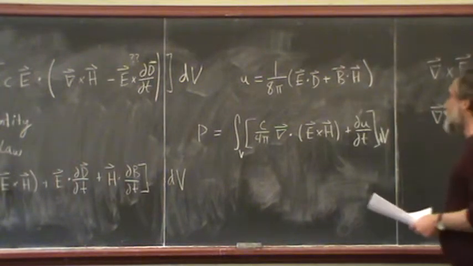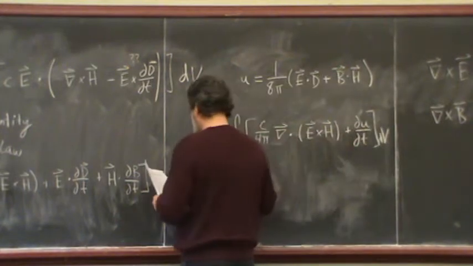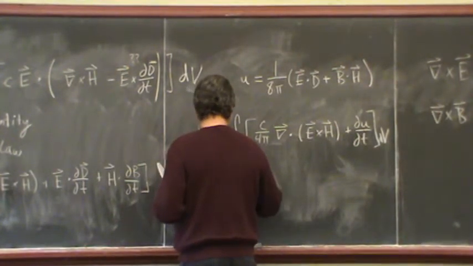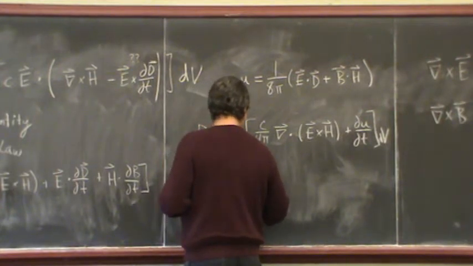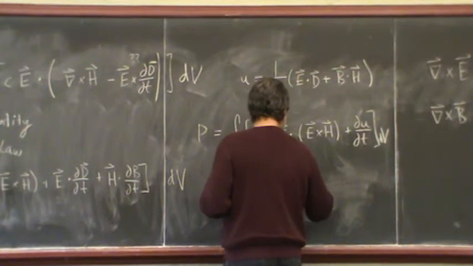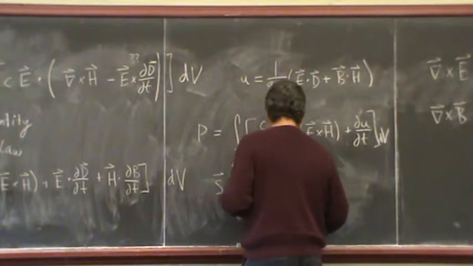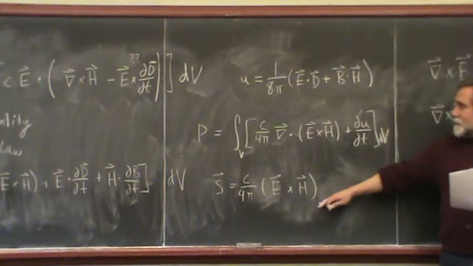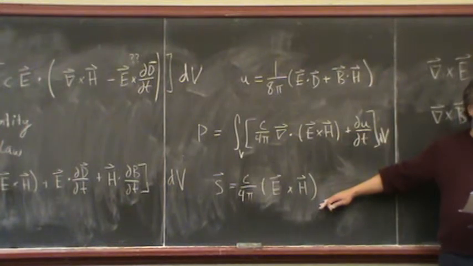If I define a new vector, that's not so bad. So many vectors. A new vector, S, c over 4 pi, E cross H. This tells me about the flow of energy in the electric and magnetic fields.